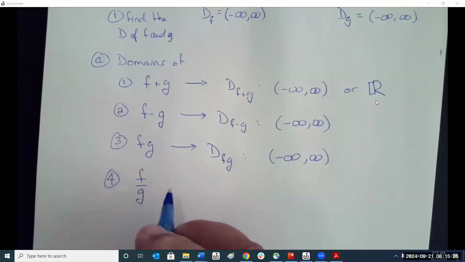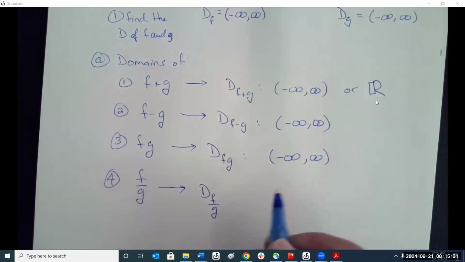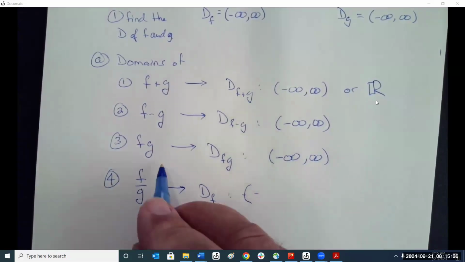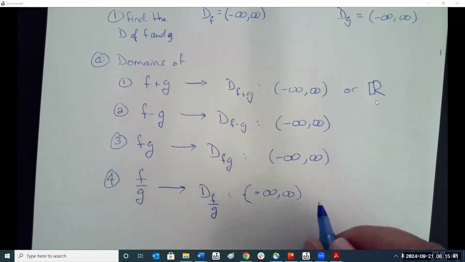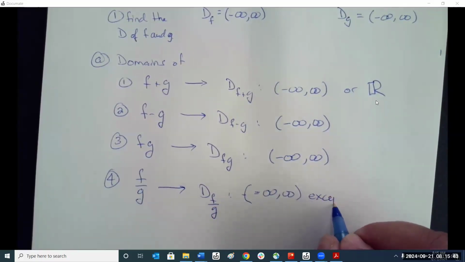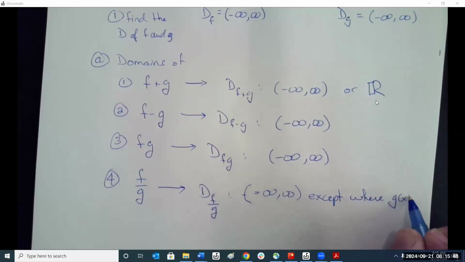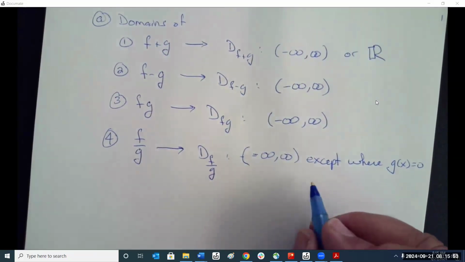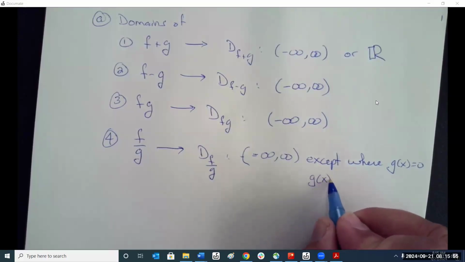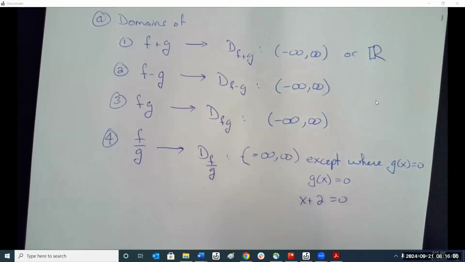F over g, the domain, okay, it begins with, they're both negative infinity, positive infinity, except where g of x equals 0. So we take g of x, set it equal to 0. So we have x plus 2.